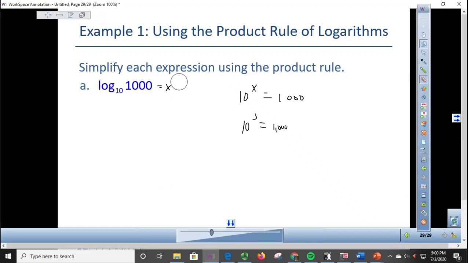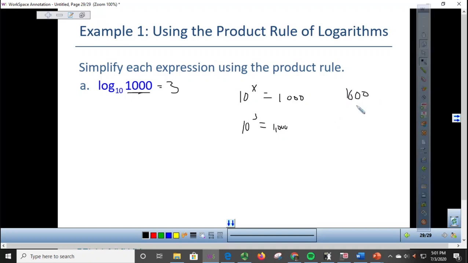So what does our product rule say? Our product rule says that if we take 1,000 and break it into its factors, so factors of 1,000, we have 1 times 1,000, 2 times 500, it's not divisible by 3, but 4 times 250, 5 times 200, and so on and so forth.